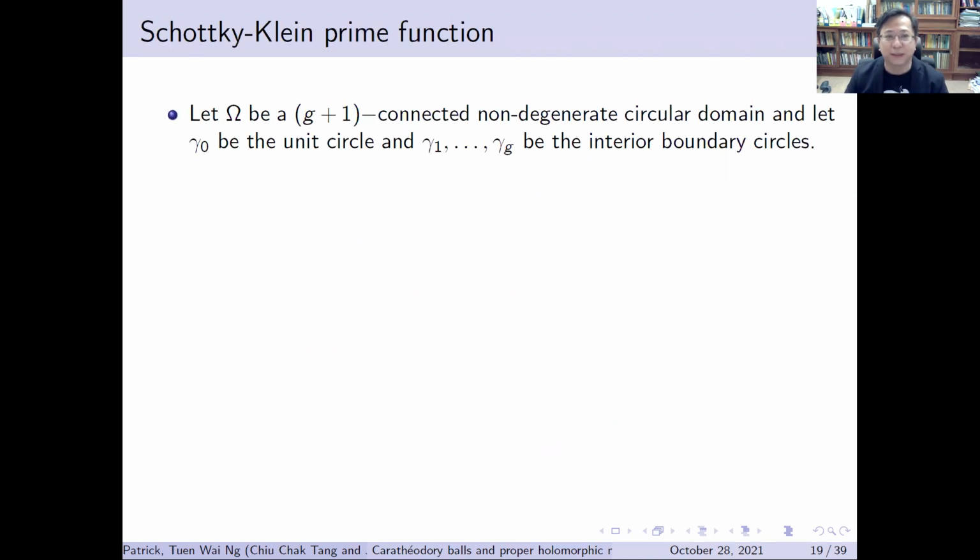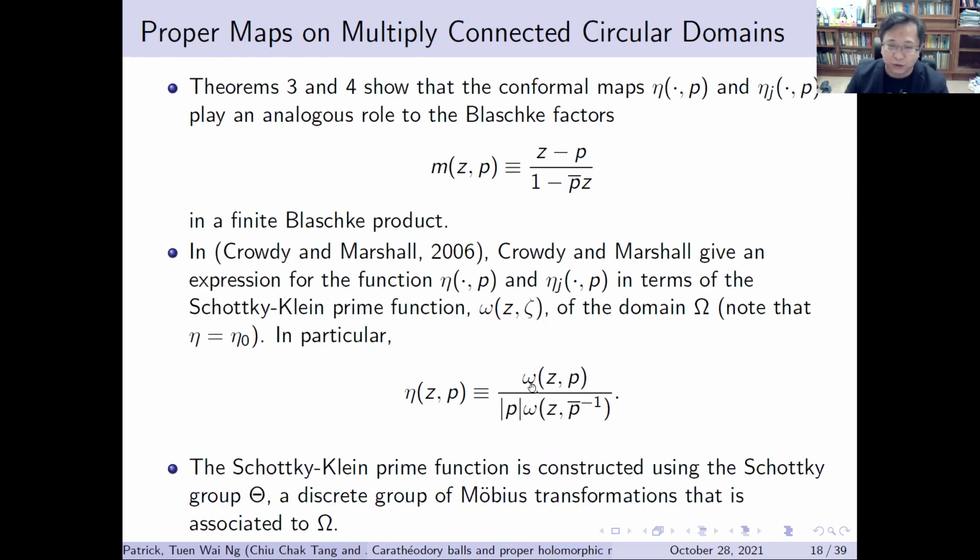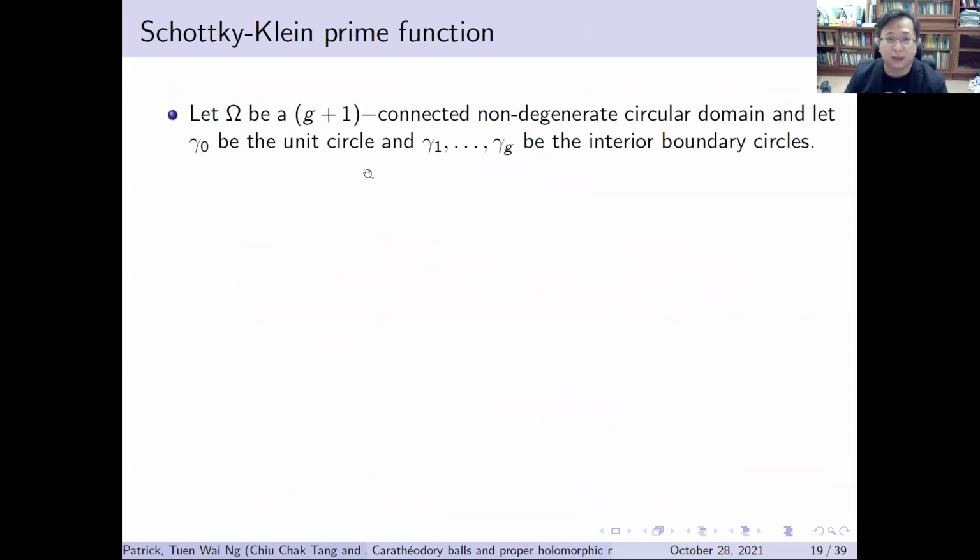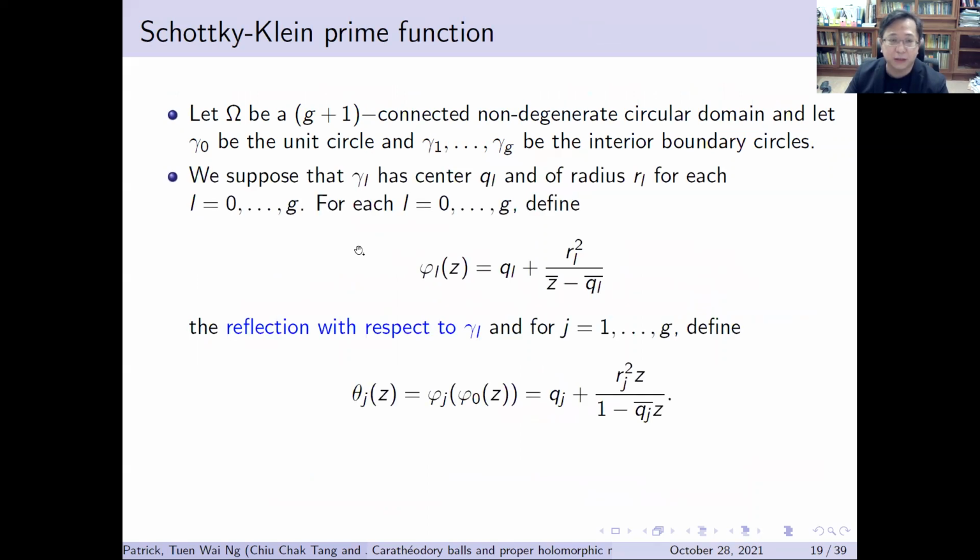So I'm going to explain to you the construction of this omega. This Schottky-Klein prime function is related to the Schottky group that I'm going to define. Again, we recall that omega is a circular domain with these boundary circles.